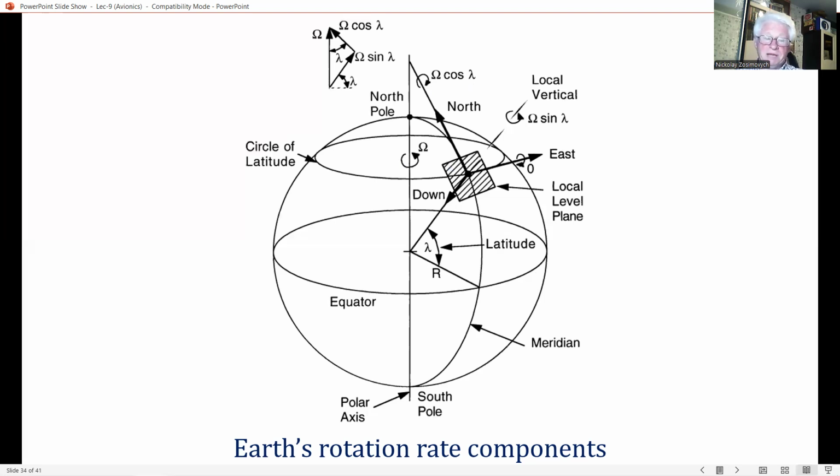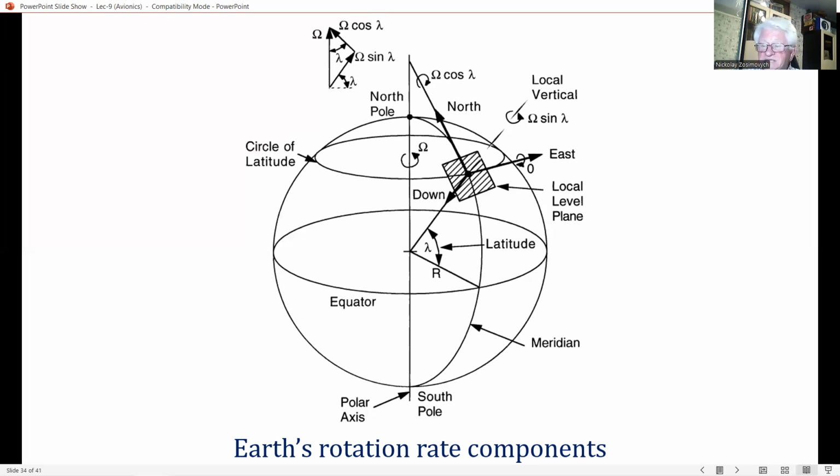This correction must be applied to the computer-derived axis of the virtual stable platform to maintain a level state. As an example, at a latitude of 51 degrees 30 minutes north, in the London area, the Earth rate component about the north axis is 15 times cosine 51 degrees 30 minutes degrees per hour, which gives us 9.3377 degrees per hour.